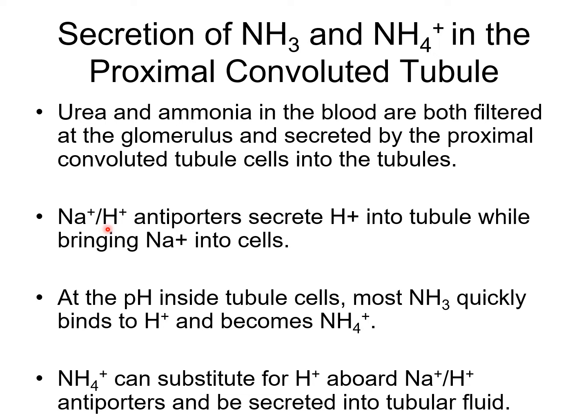Remember, we constantly produce hydrogen ions. Removing these from our bodies is a major task of the urinary system, and so this is one active way of dumping, transporting hydrogen ions from the cell, from our body, into the filtrate, which is considered outside the body. So antiporters play a role in here.